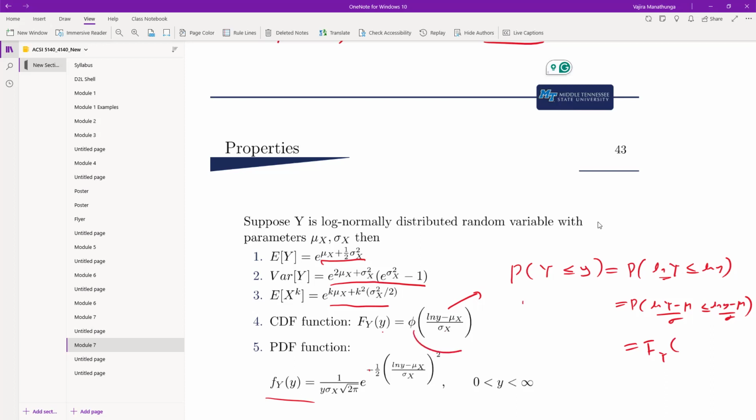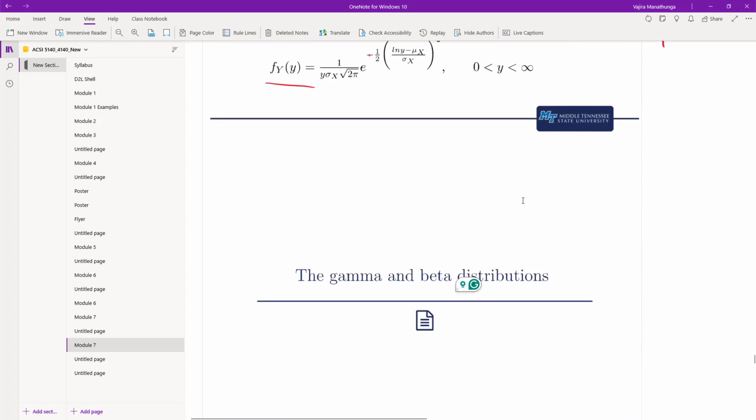This is the normal CDF. So that's why you have log y, mu, and sigma. But the expected value, variance and kth moment, I suggest you memorize.